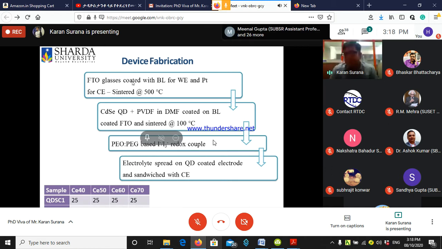They were sintered at 500 degrees centigrade. On the blocking layer coated FTO, a viscous paste of CdSe QDs with 20% PVDF mixed with DMF was doctor bladed and dried at 100 degrees centigrade for about 30 minutes. Next, the electrolyte with iodine redox couple was poured over it and sandwiched with the platinum counter electrode. So we prepared 3 different cells, QDSC 1, 2 and 3.